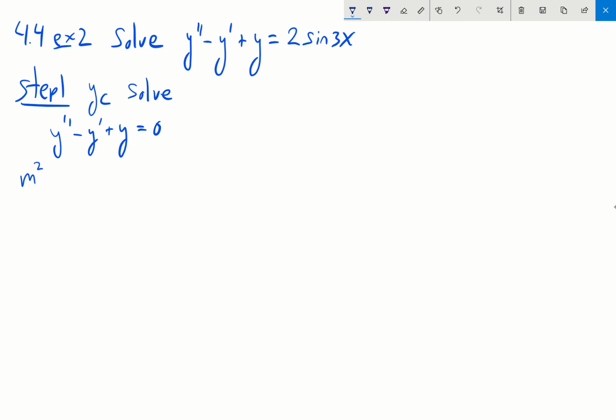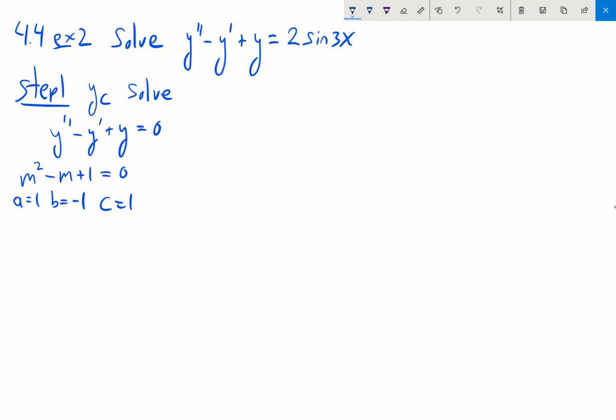We have m squared minus m plus 1 equals 0. Let's go ahead and solve this. It won't factor. A is 1, B is negative 1, and C is positive 1.